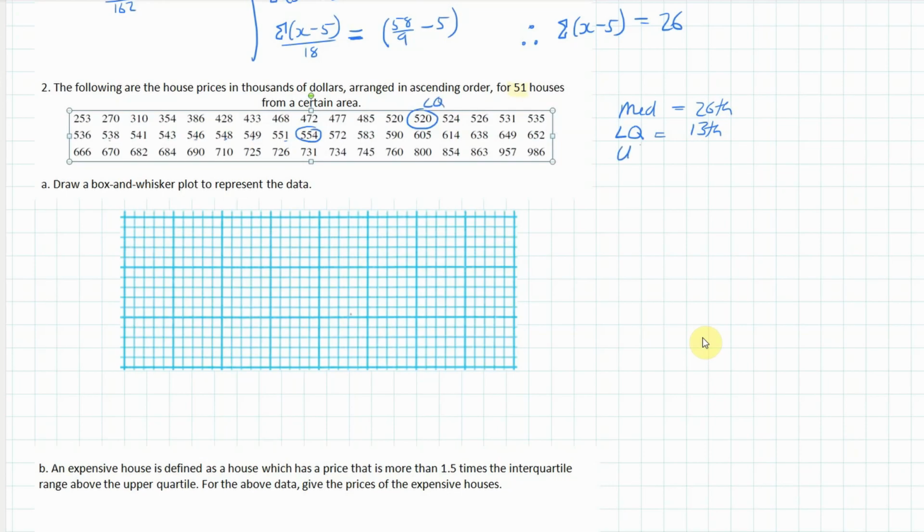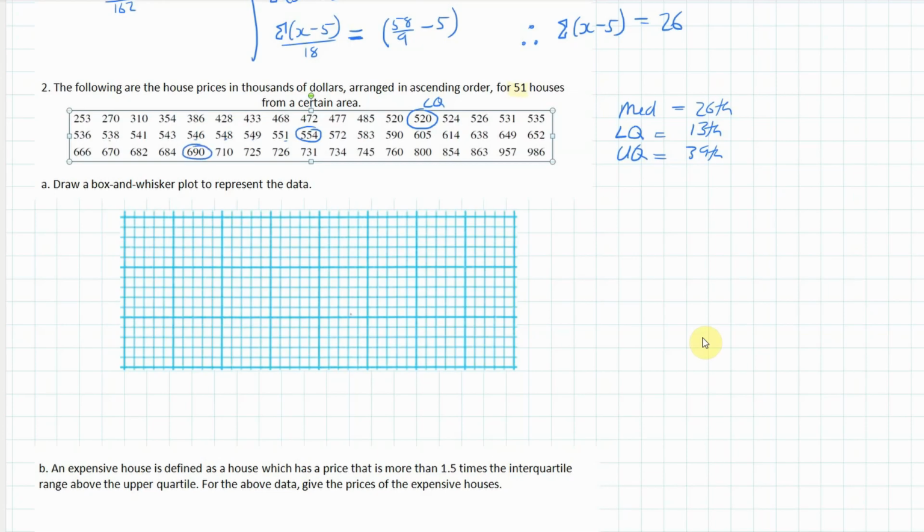And the upper quartile will be 13 above the median. So 0.75 times 51 is giving me the 39th item of data. 2, 3, 4, 5, 6, 7, 8, 9, 10, 11, 12, 13. I think it's 690. That's the upper quartile.